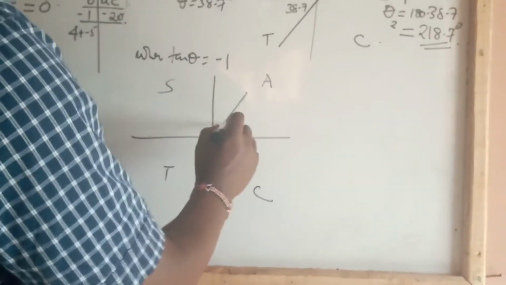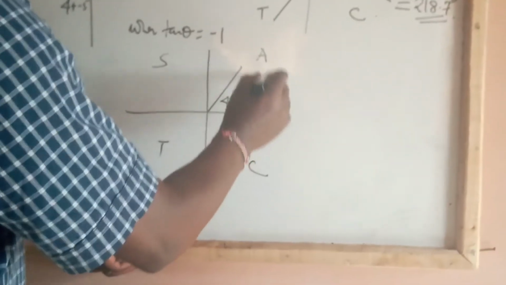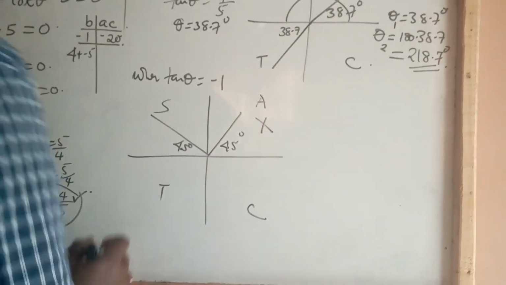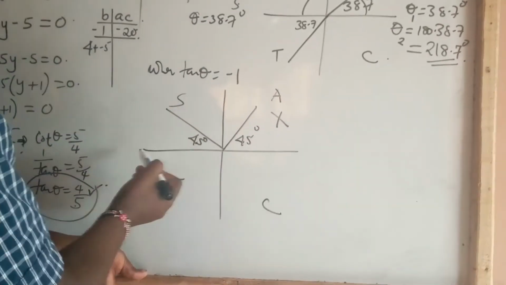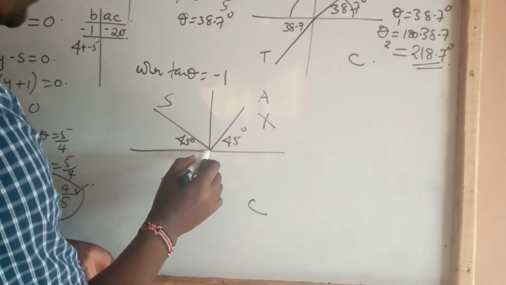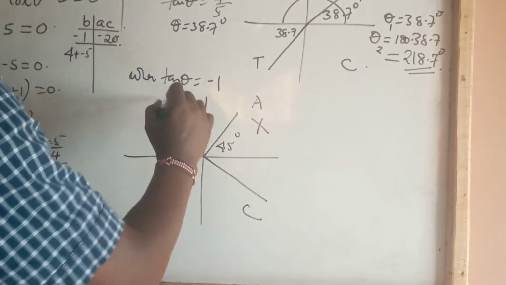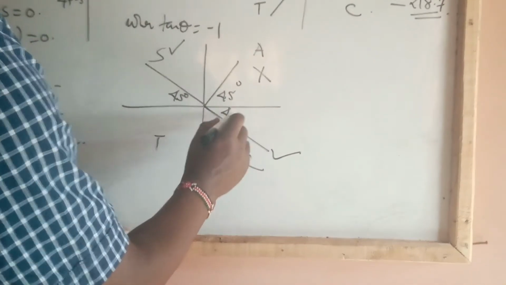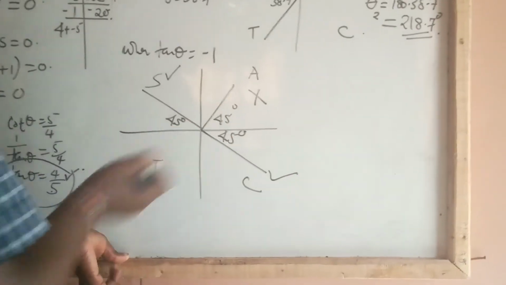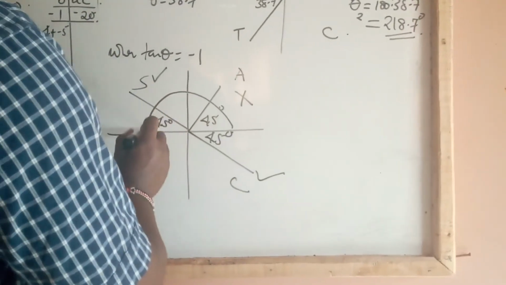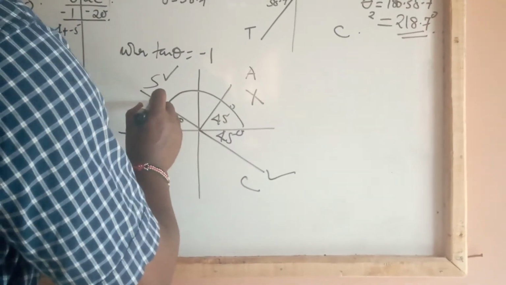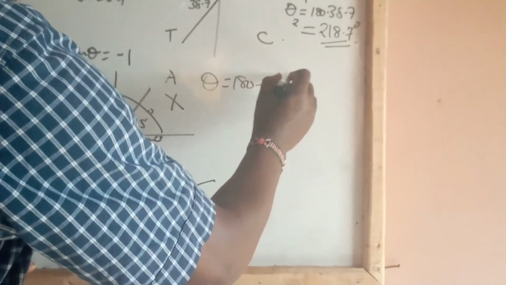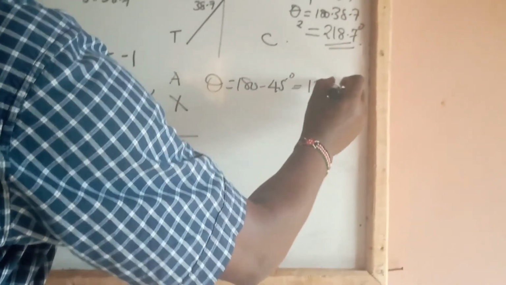So if we talk about 45 degrees, of course it doesn't exist there, but you're going to talk about 45 degrees. Remember, the angle between the line of the angle and the horizontal x-axis. So it's going to appear in this quadrant and also in this quadrant, because then this must be 45 degrees. So if that is true, then theta is 180 minus 45 degrees, which is 135 degrees.